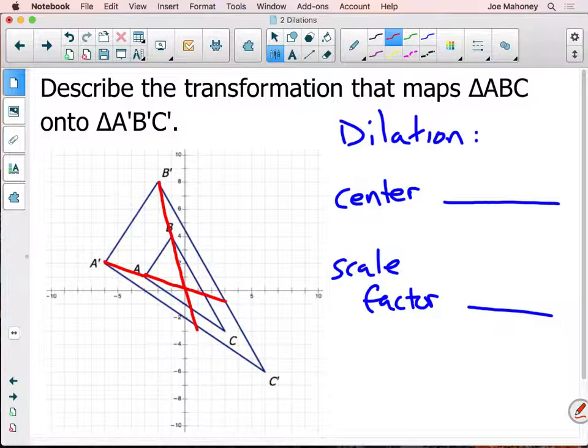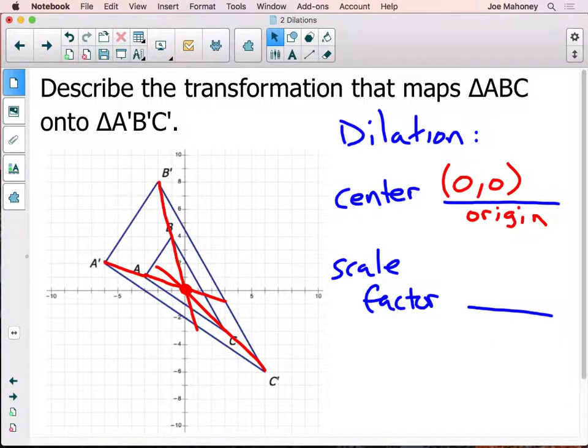Okay, let's just check it with point C prime to C. It looks like I'm going up 3, left 3, so let's go up another 3, left 3. Look at that. There's my center of dilation. So the center of dilation in this case is the point (0, 0). You can call it the origin, I'm good with that too. Cool. Now let's determine our scale factor.